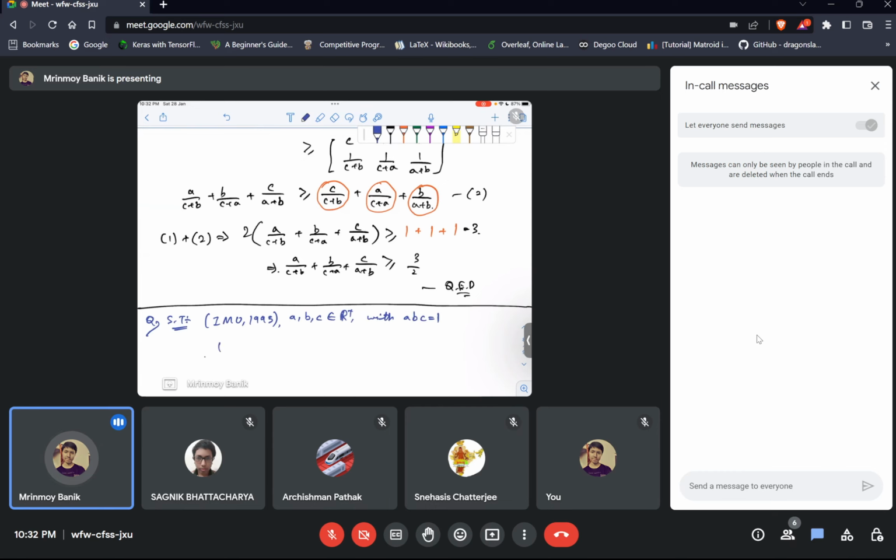Show that 1 by a cubed times b plus c, plus 1 by b cubed times c plus a, plus 1 by c cubed times a plus b, is greater than or equal to 3 by 2.